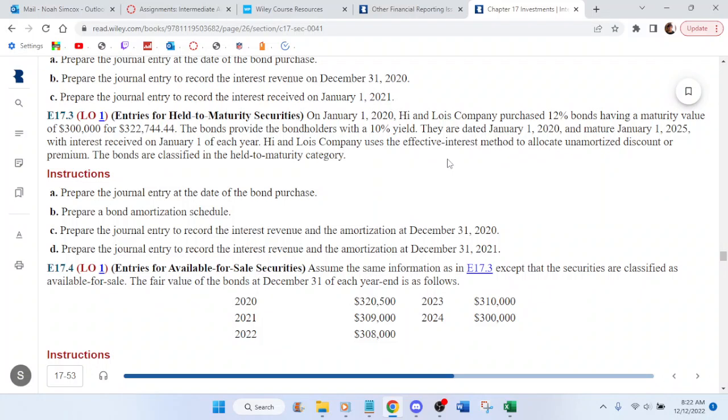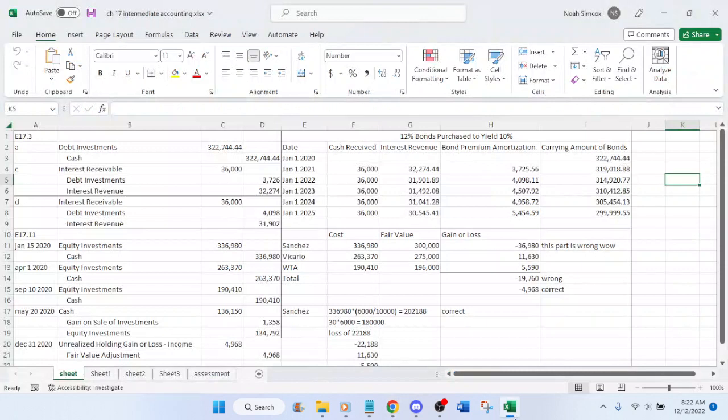No, I think you use 322,744.44 debt investments, and then cash of that. Oh great! Dang it! This is not good. Oh, so you do just do that. You simply do that.